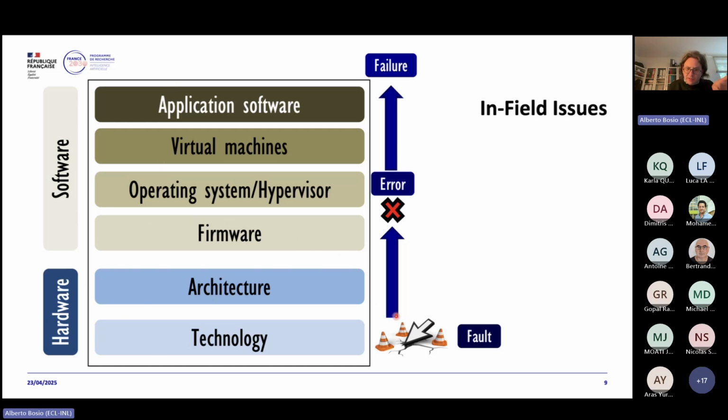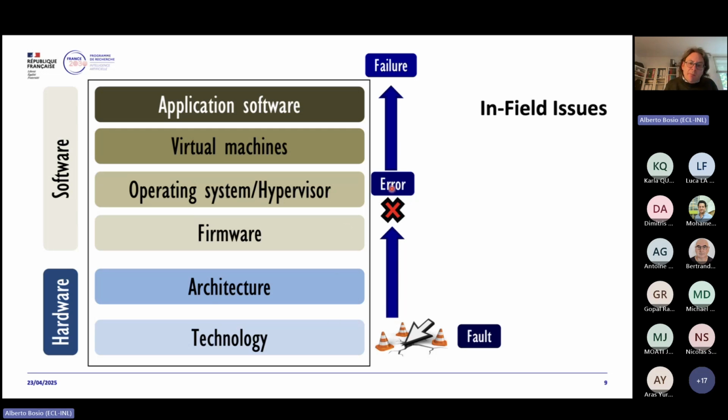As we presented so far, a fault impacts the technology, so the electronic devices at this level. This impact means that there is a deviation of one or more components with respect to the normal behavior. And this deviation can be propagated through the other abstraction layers.